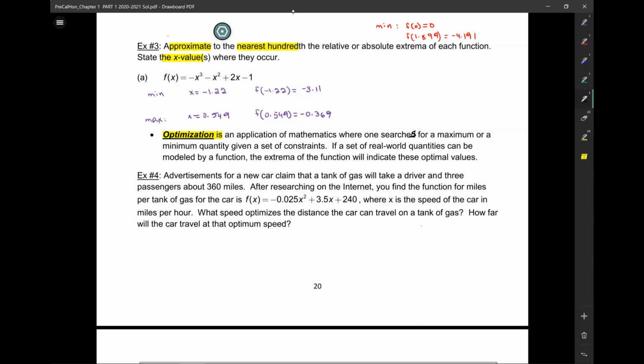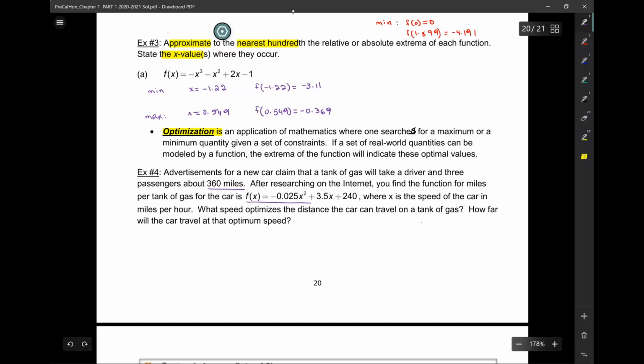Okay, so take a look at this example. Advertisements for a new car claim that a tank of gas will take the driver and 3 passengers up to about 360 miles. So you go and you research on the internet and you find that the function for miles per tank of gas for that car is this function, where x is the speed of the car in miles per hour.